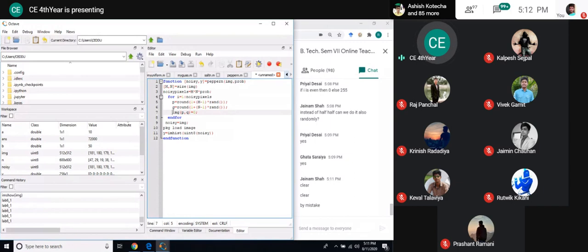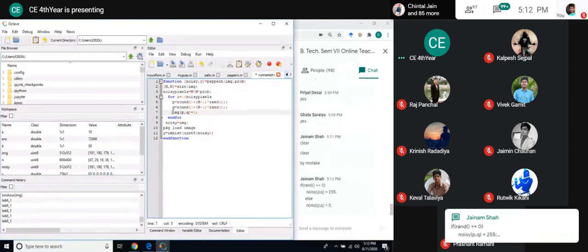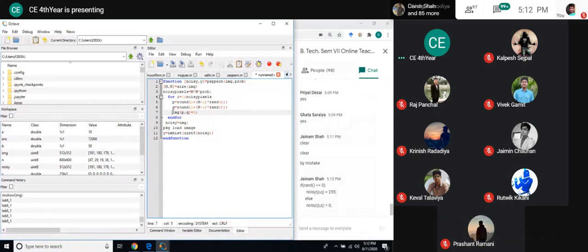Because we have to go for many other things. Okay, so here it is totally defined by the random function.